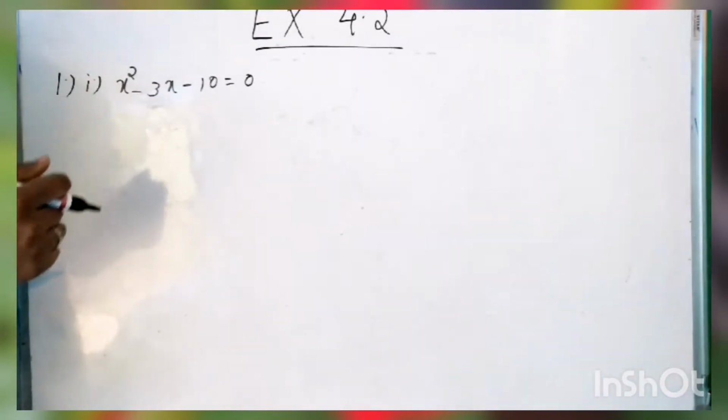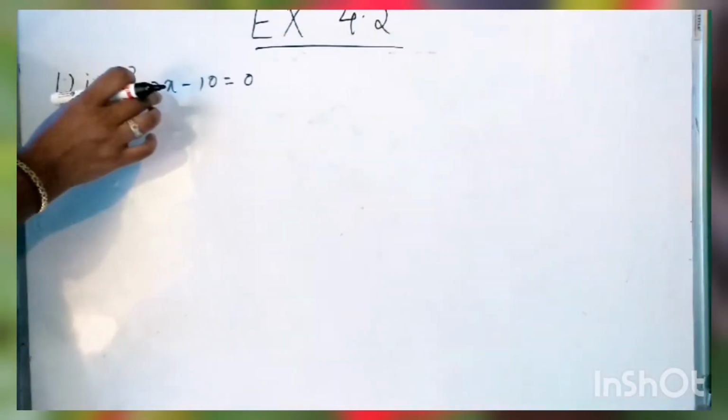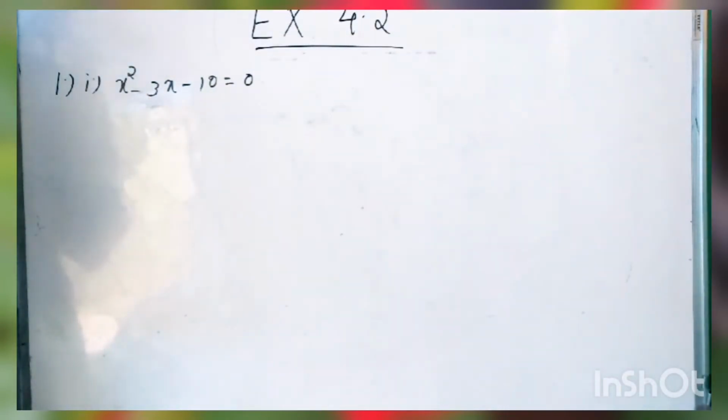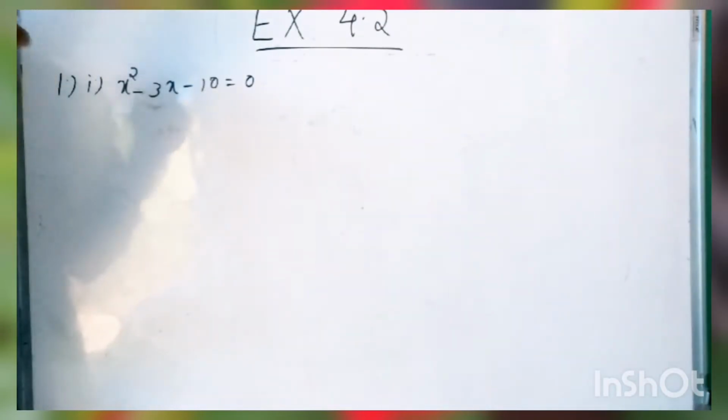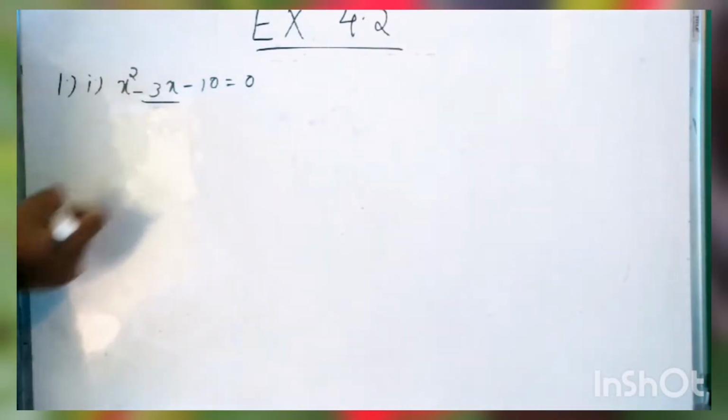Okay, listen. If we want to find the roots of this quadratic equation by using factorization, we need to find two numbers. We need to split this middle term.